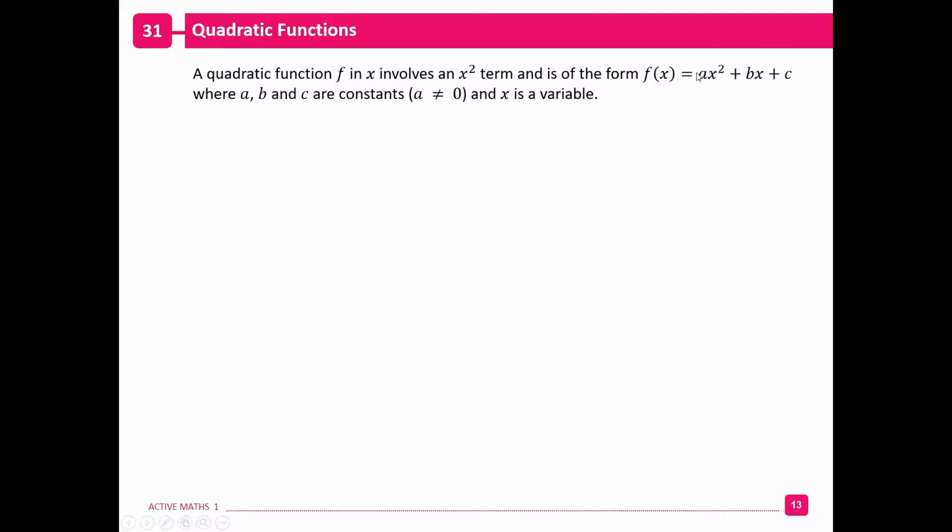In other words, we can't have 0 lots of x squared, because if you have 0 lots of something, then that means we don't have anything at all. So the only part of the function would be bx plus c, which, if you recall, is what a linear function looks like, when we multiply the input by something, b, and then add a constant. Of course, that constant could be negative, so we might be subtracting a number.